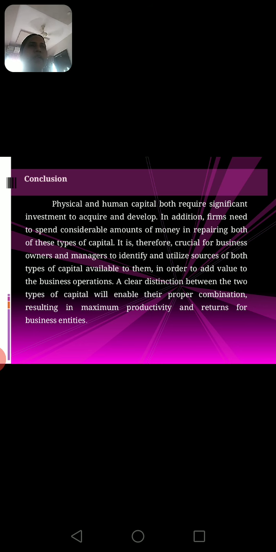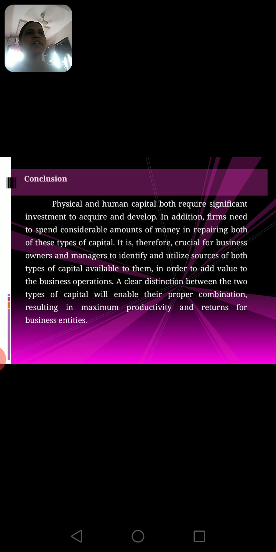In conclusion, physical capital and human capital both require significant investment to acquire and develop. In addition, firms need to spend considerable amounts of money in repairing both of these types of capital.